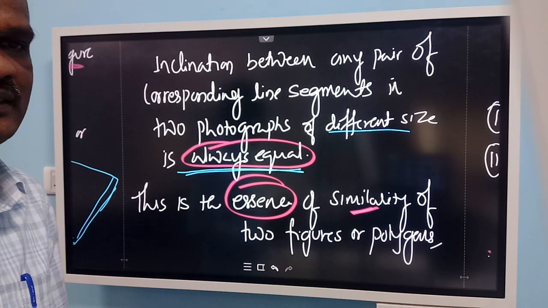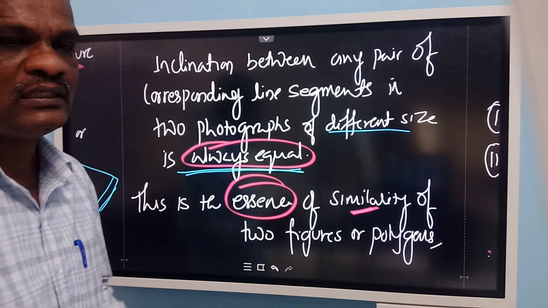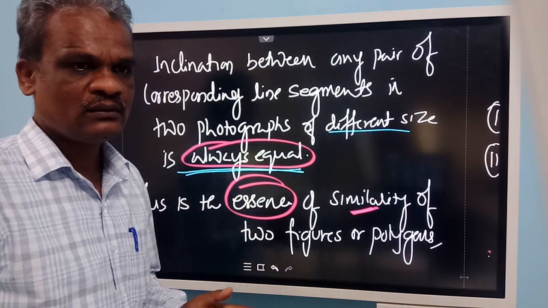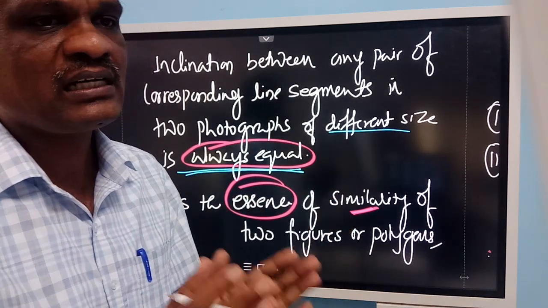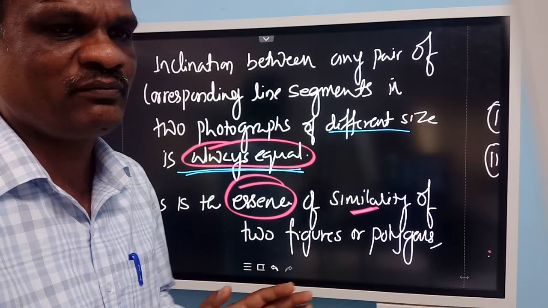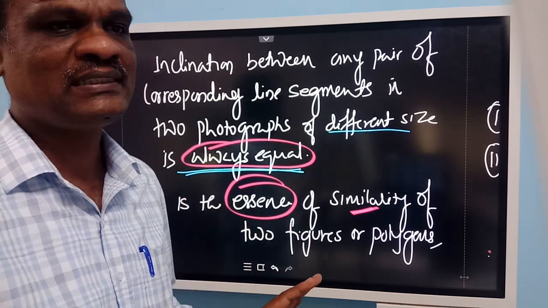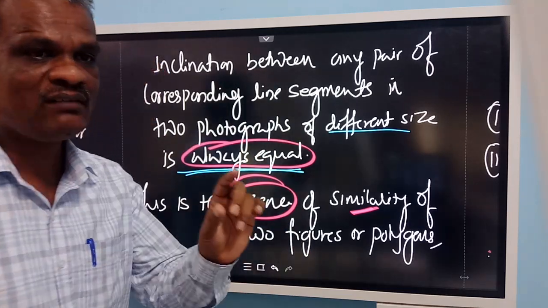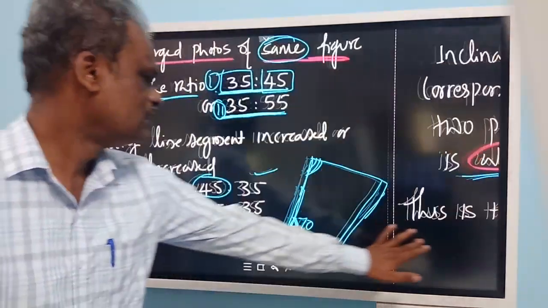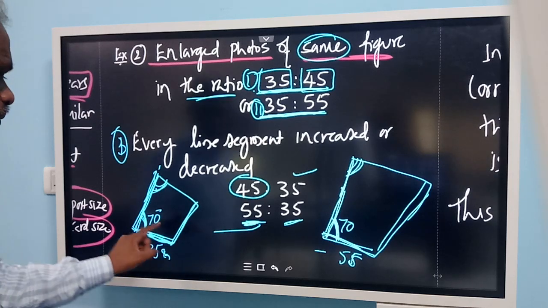What is the important essence of this similarity of the two figures? Even if you increase the size of the object or the picture, the angle of inclination between the line segments in that figure always remains same. Whether you increase or whether you decrease, the angle of inclination remains same. That is the important essence I am telling you.